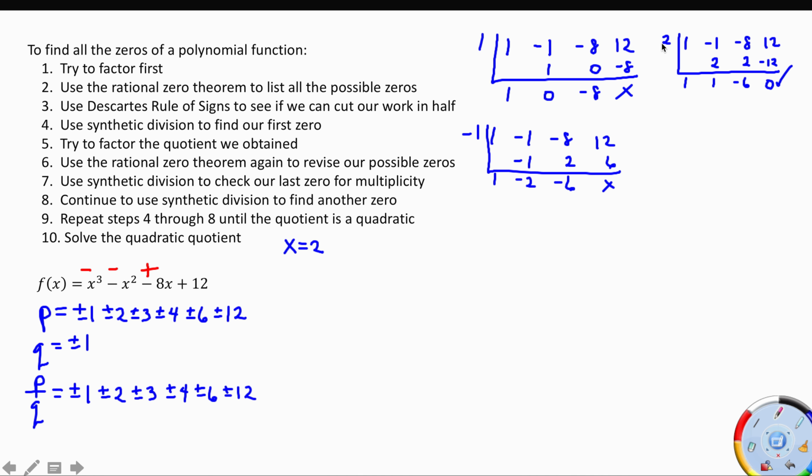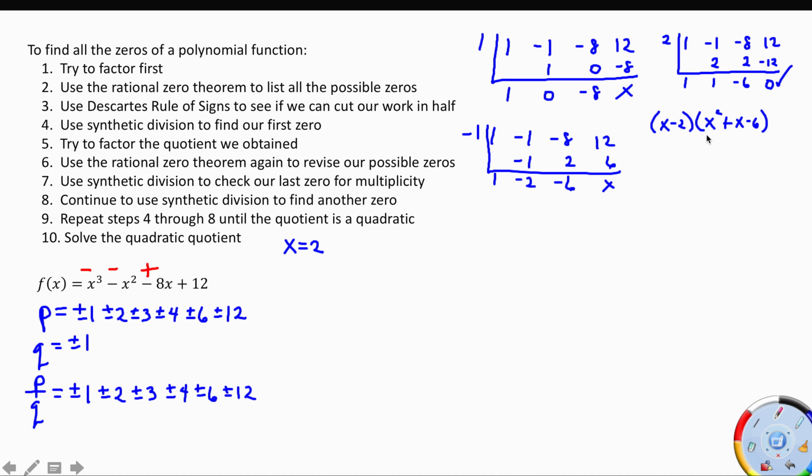Not only that, I also now know that x minus 2 times x squared plus x minus 6 are 2 factors. So I couldn't factor that initially, but hey, I just got my 2 factors.